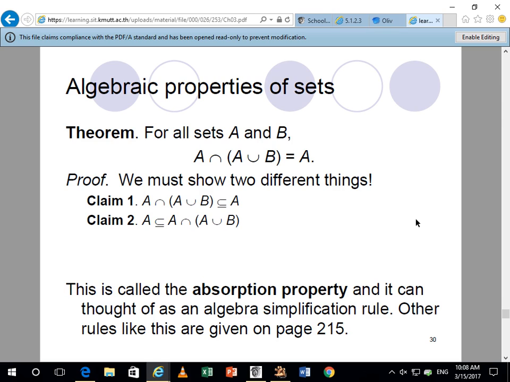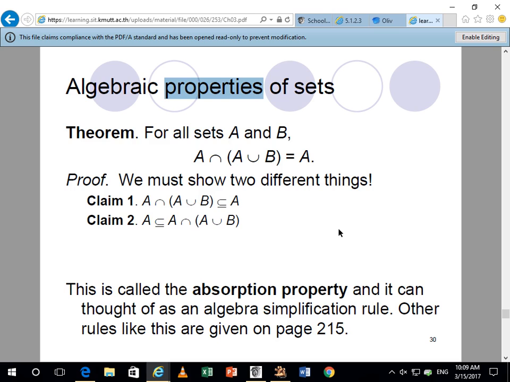So next we're going to look at some algebraic properties. So properties, in particular, the algebraic ones. It is for sets. So let's start with a theorem, something that we say is true. Well, of course, we can prove it, which you can do.